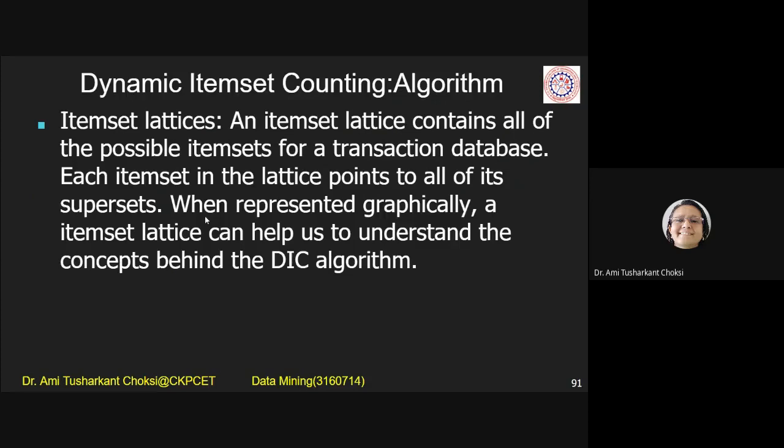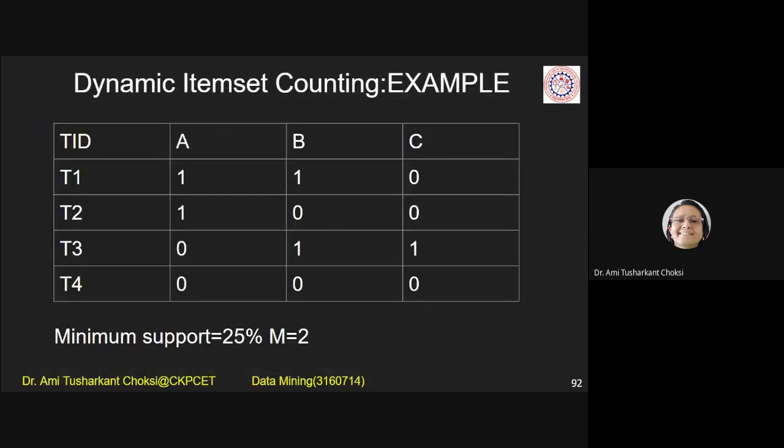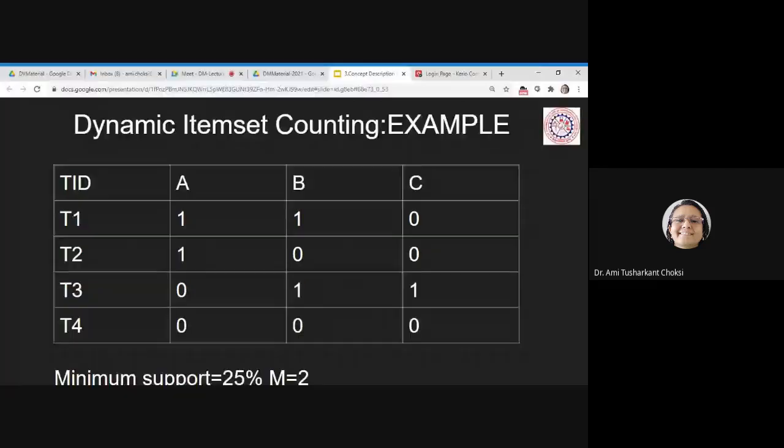When represented graphically, an item set lattice can help us understand the concept behind the DIC algorithm. For that, we'll have the example that we will see in the next class. That's all for today.